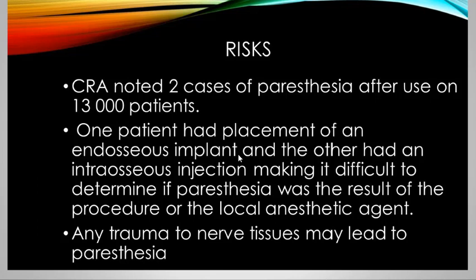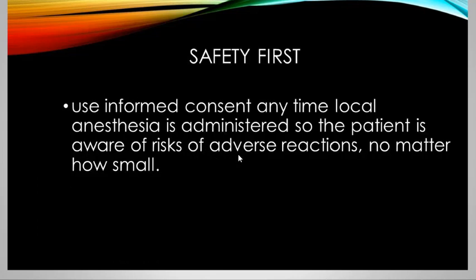One patient had placement of an implant, and the implant caused paresthesia because of placement, and the other was due to nerve damage because of a surgical procedure. So even in those 2 cases, hardly was it because of the anesthetic.